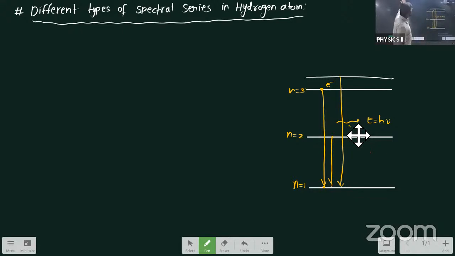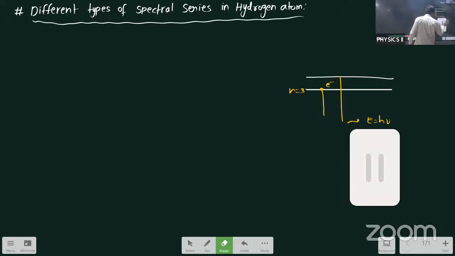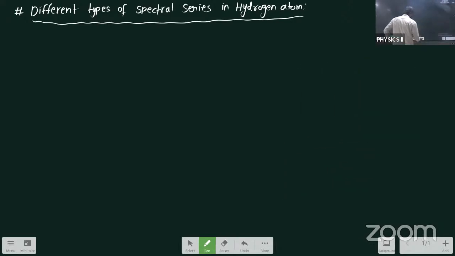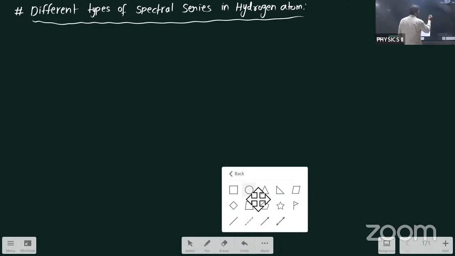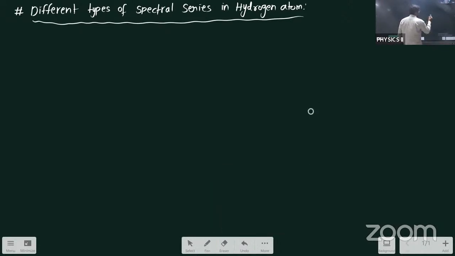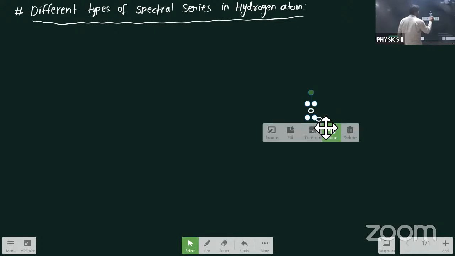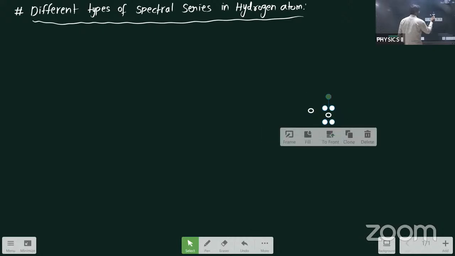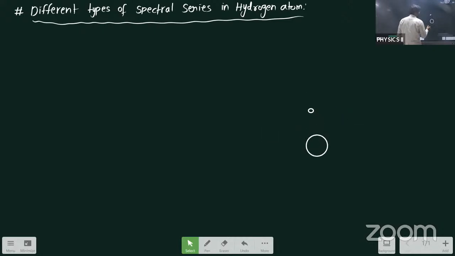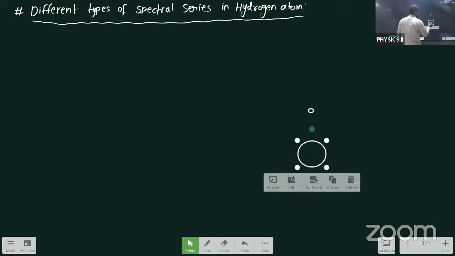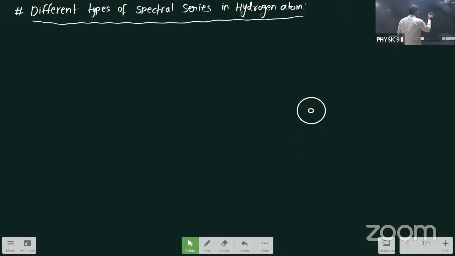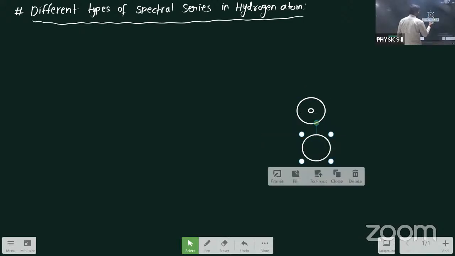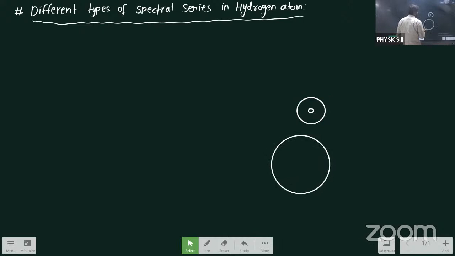Now we are going to obtain the spectral series in the case of hydrogen atom. And we know that hydrogen consists of one electron. So let me try to draw it. Let us assume this is the nucleus. We know the electron revolves around the nucleus in a circular orbit.